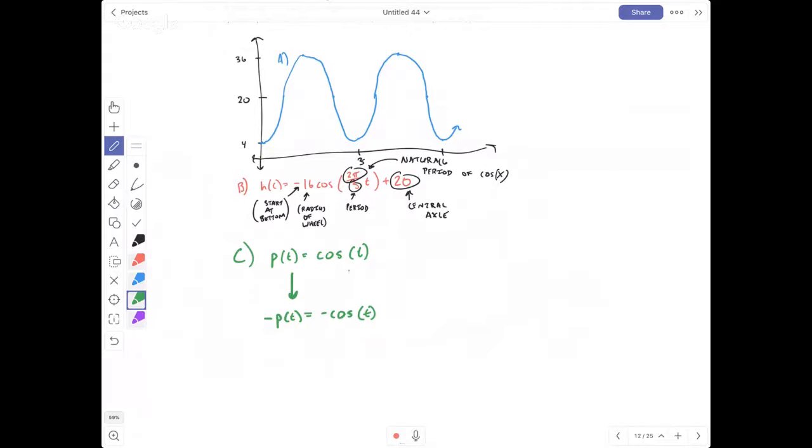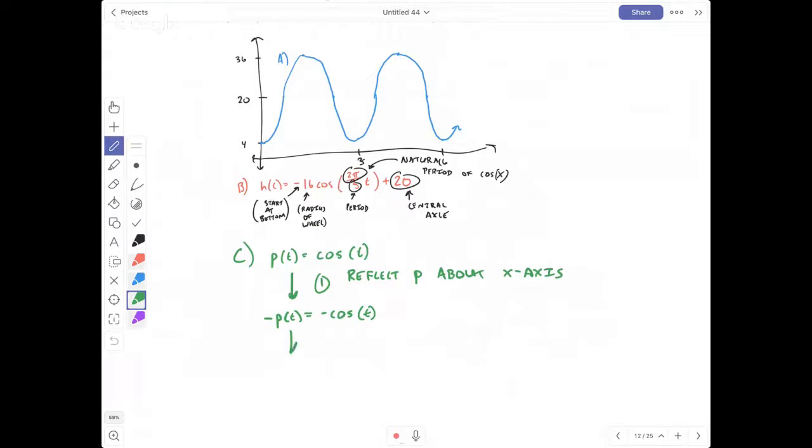That step 1 is a reflection, reflecting p about the x-axis.